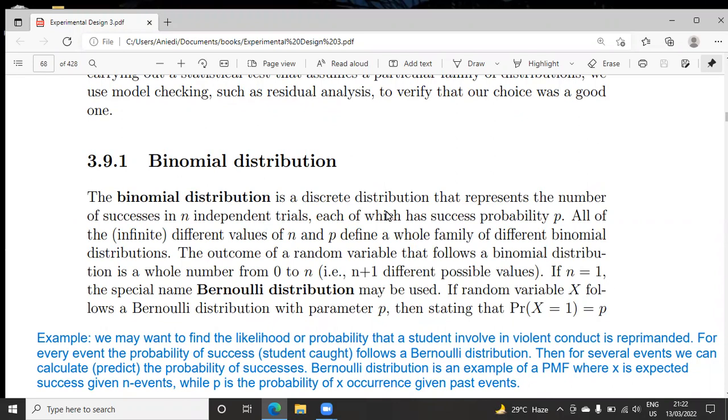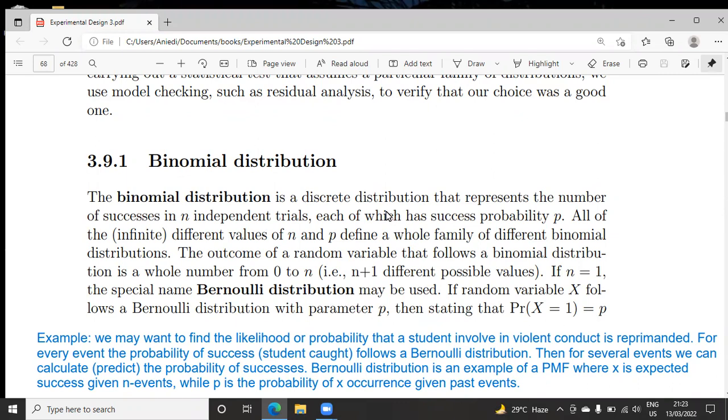The binomial distribution is a discrete distribution that represents the number of successes in n independent trials, each of which has success probability p. All of the infinite different values of n and p define a whole family of different binomial distributions.